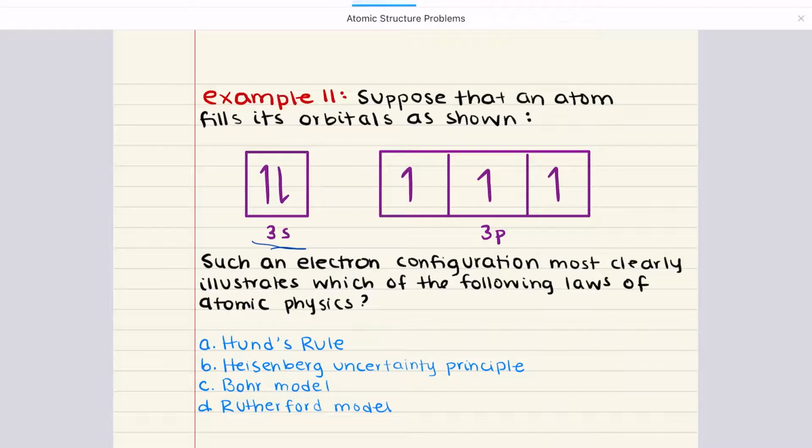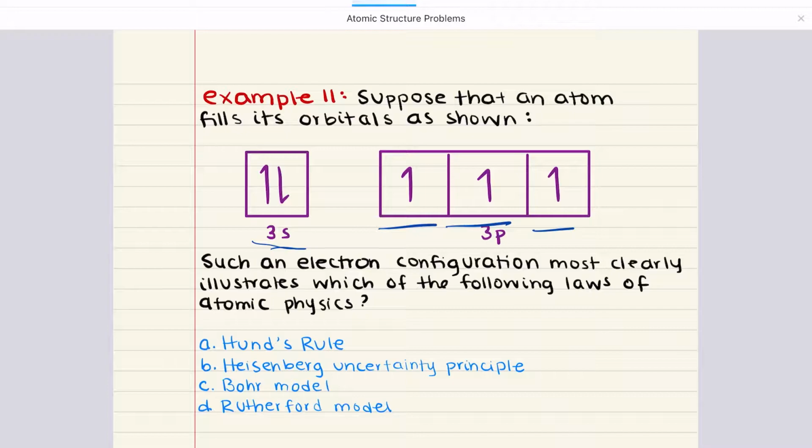Now, to determine which law is illustrated by this given configuration, we need to remember and understand the principles that govern electron distribution. Hund's rule is an important one. Hund's rule states that electrons will fill degenerate orbitals of the same energy singly as far as possible before they pair up.